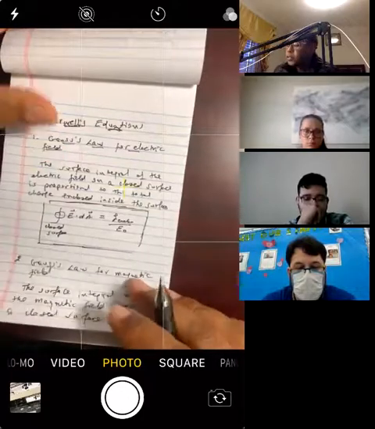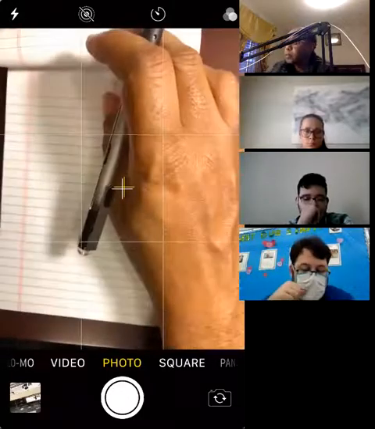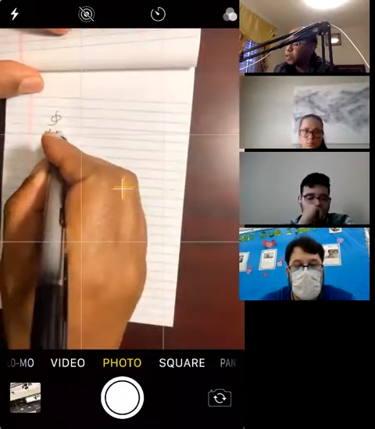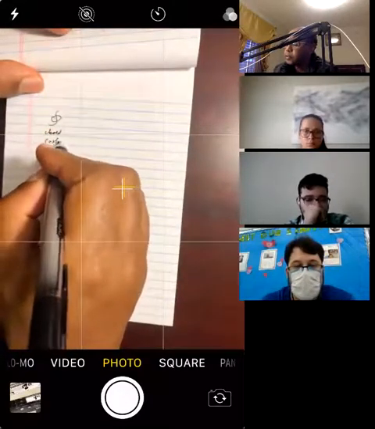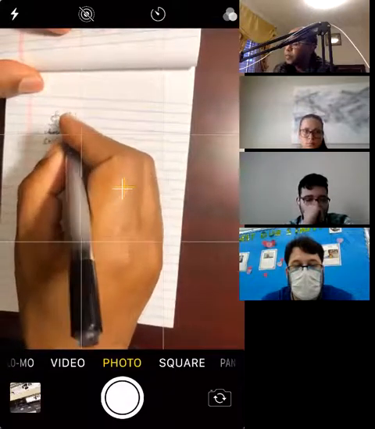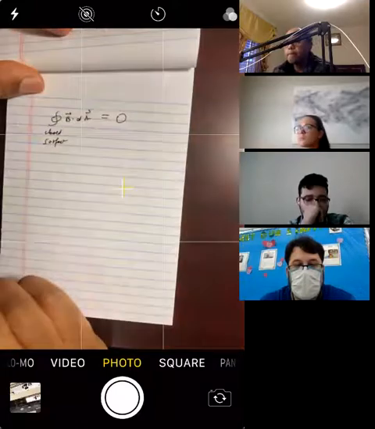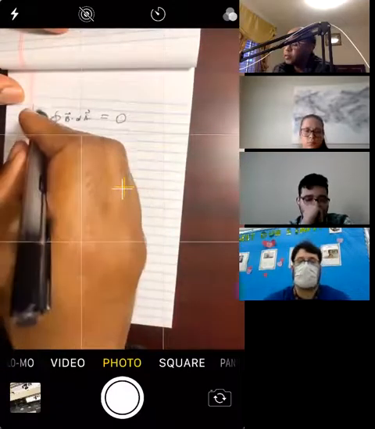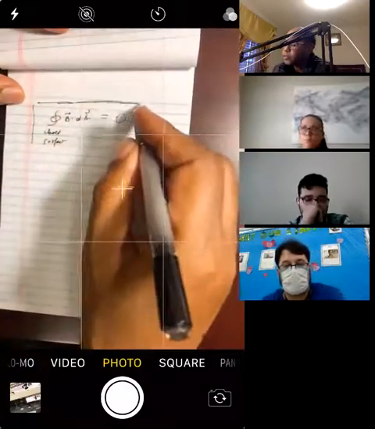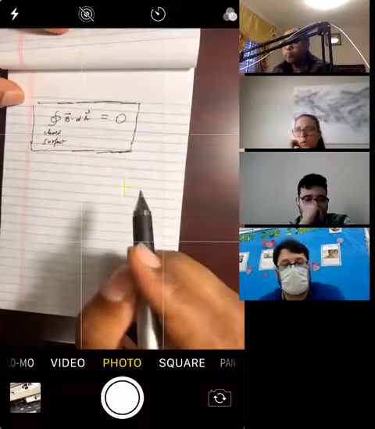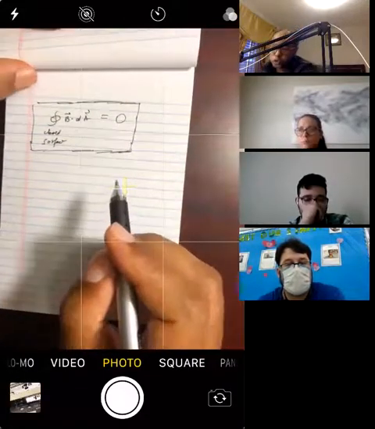So if you do this over a closed surface, B dot dA, the surface integral of the magnetic field is 0. It's the second of Maxwell's equations. That's the basic difference between electric field and magnetic field. Magnetic field does not have a source like a charge.